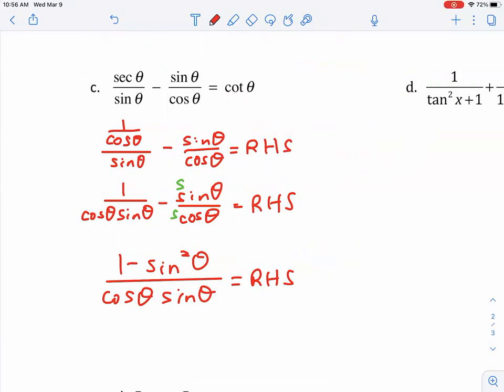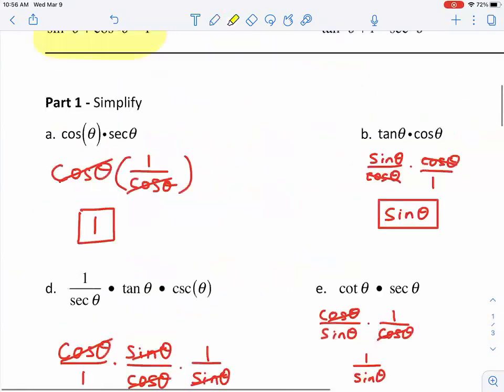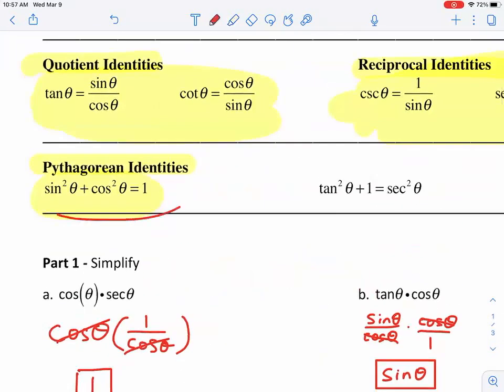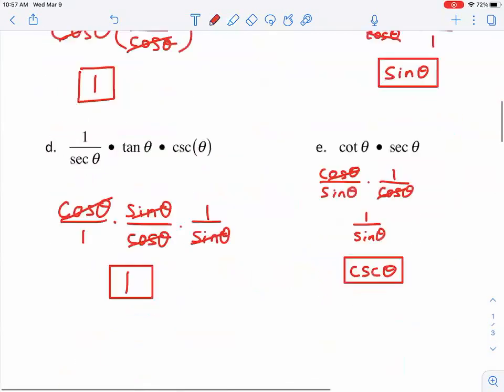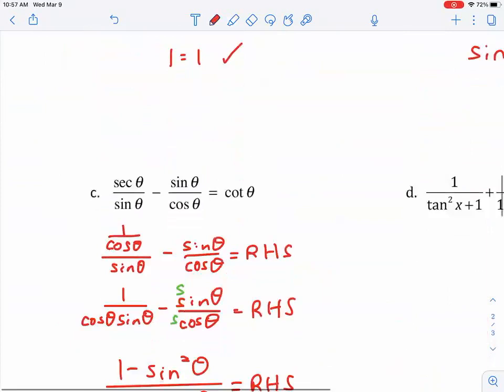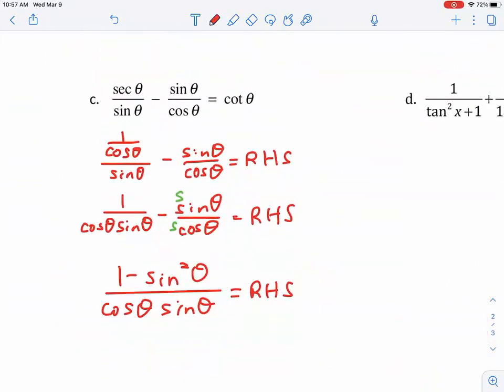All right, now if I lose you, please make sure you let me know. Because that left side is looking ugly, but it's going to get cleaner real quick. Because the greatest trig identity of them all, the granddaddy of them all, which is sine squared plus cosine squared equals 1. And I see that this is 1 minus sine squared.